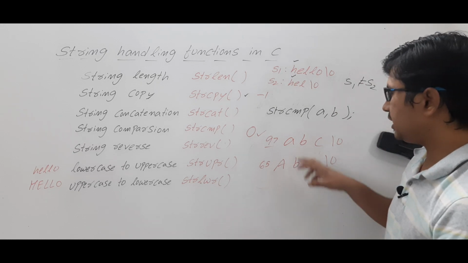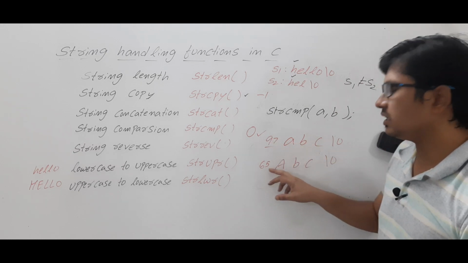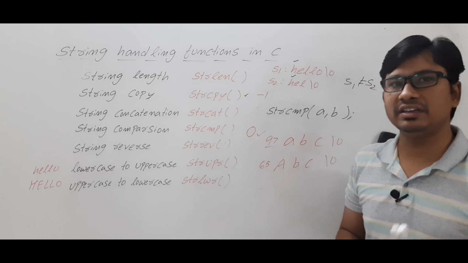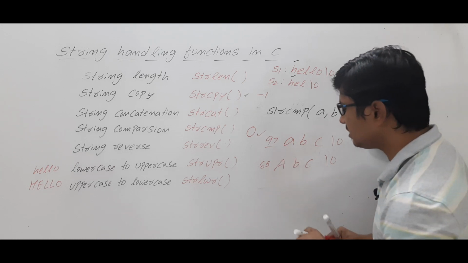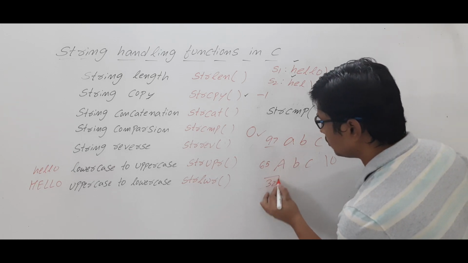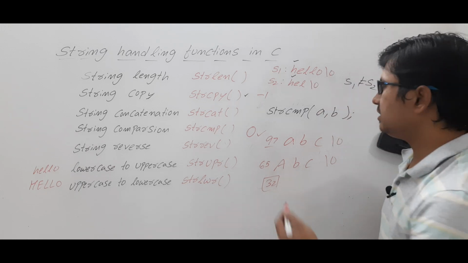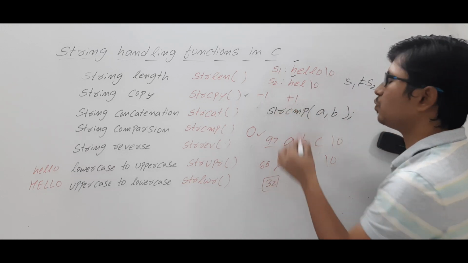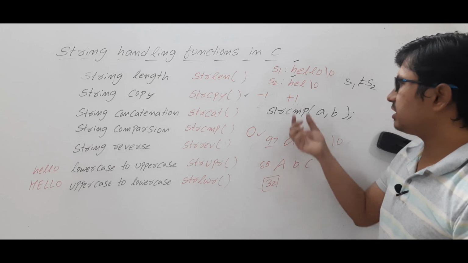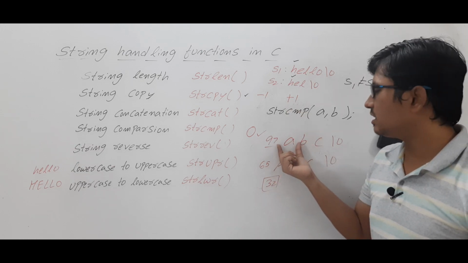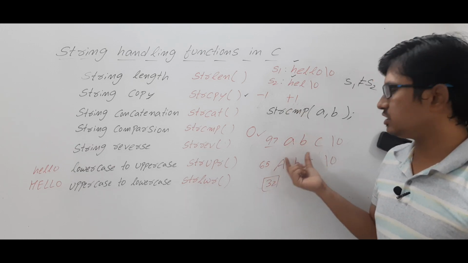Now again it will compare, here 97 is there, here 65 is there, then it will find the difference between them. You will get the difference as 32, which is a positive value. Then this function will return a plus 1. Whenever this function returns a plus 1, then you can say that string 1 is greater than string 2.